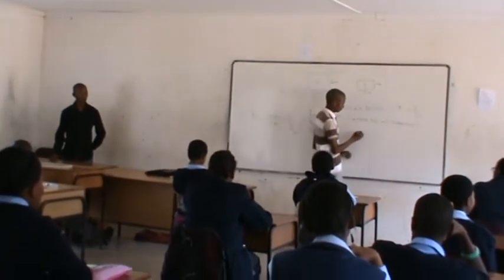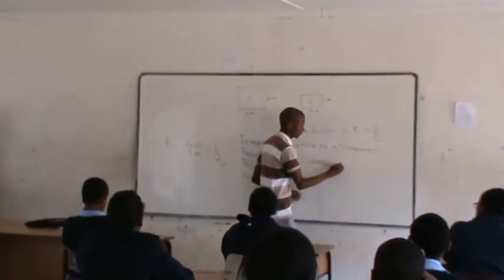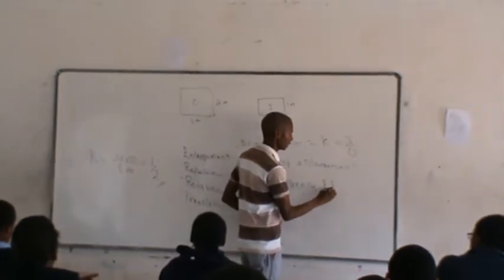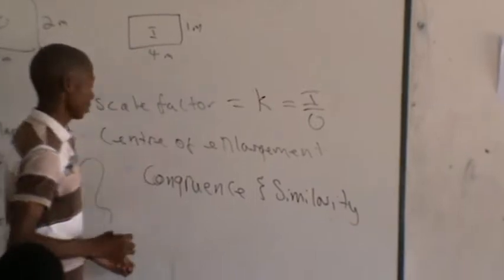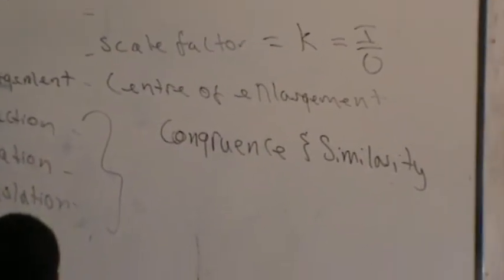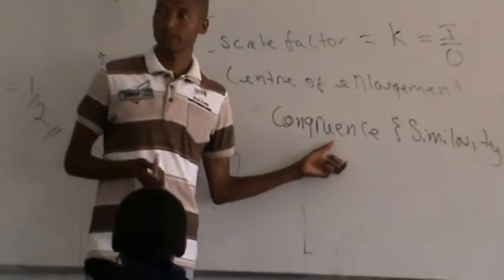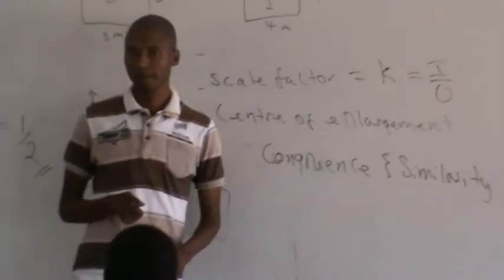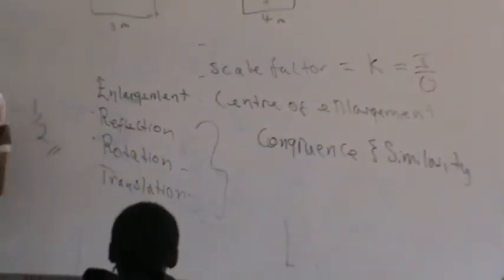Now, I said our focus today is going to be congruence and similarity. Congruence and similarity. Now, when we say two figures or two shapes are congruent, we mean they are exactly the same.